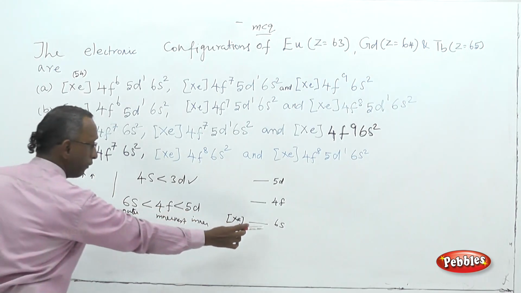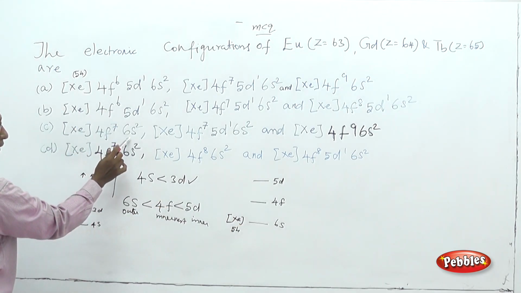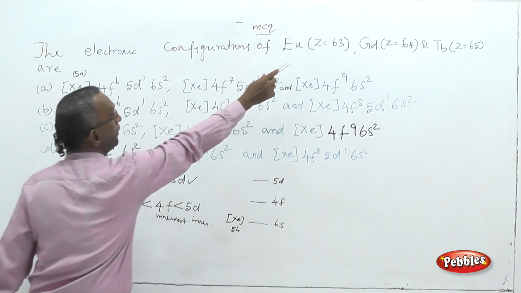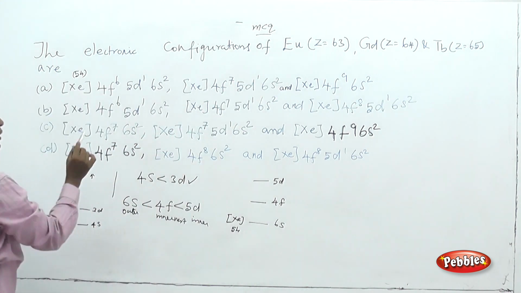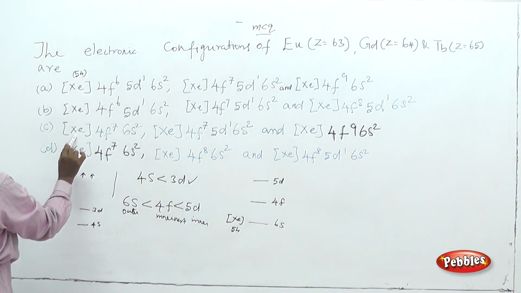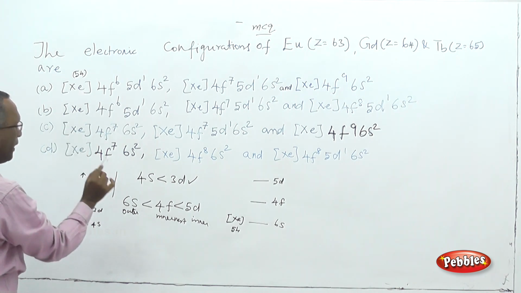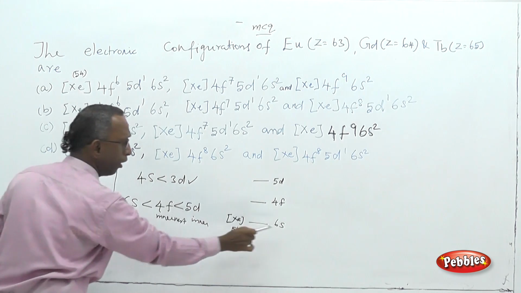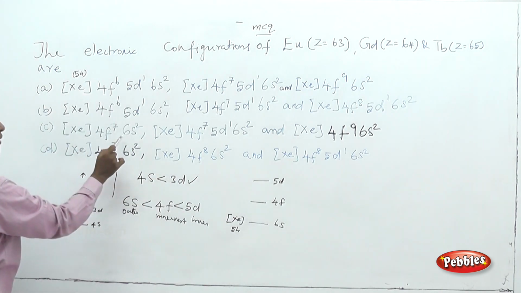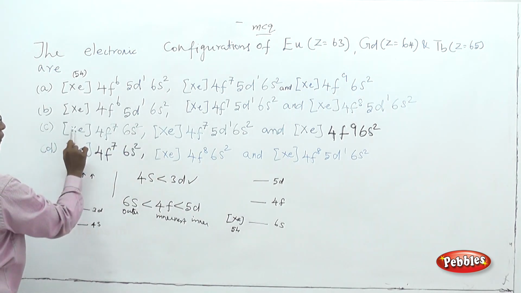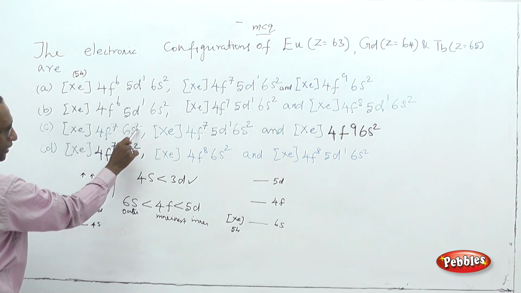Here, in this way, first 6s is to be filled. The first one is europium, 63. Out of 63, 54 have been filled. Remaining 9 electrons: next to xenon, 6s has to be filled. 6s2, 54 plus 2, 56.